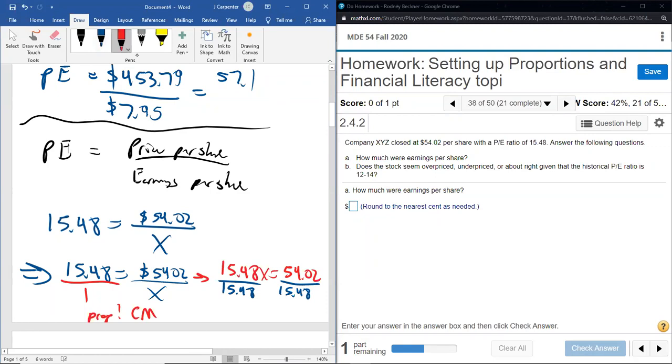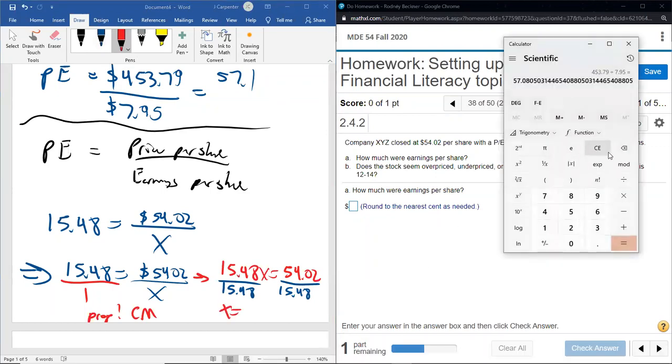And that will give us our answer of X is equal to, what's that, 3 and some change. Let's actually do it, 54.02 divided by 15.48. Let me check my numbers since I'm going with one eye right now. I'm not even being sarcastic. 54.02, 15.48. All right, drum roll, we hit enter.